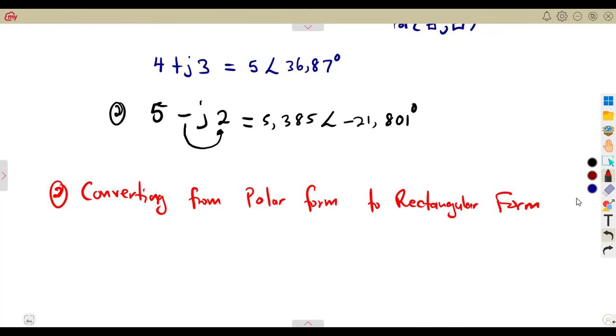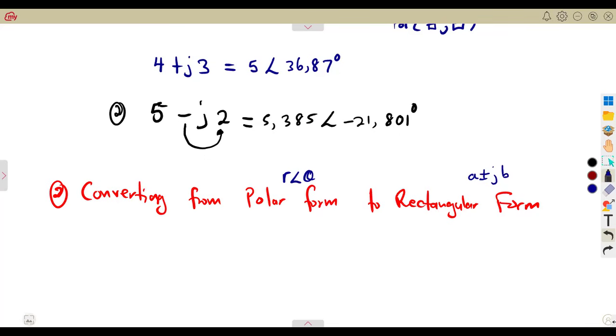Remember your polar form, R angle of theta, to rectangular form. This is what I need you to understand now, because as I indicated before, I wrote this as A plus or minus JB like this. This is a presentation that we are actually used to in our mathematical calculations.